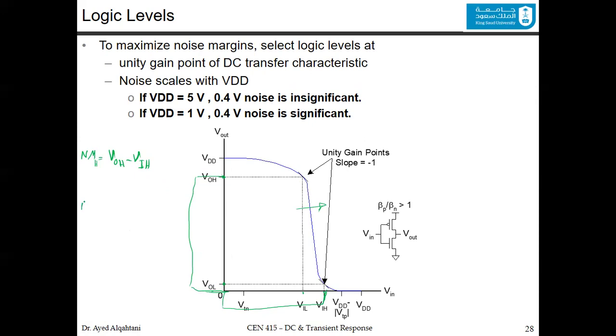Now, the noise margin in the low is the VOL minus the VIL, which is basically the VOL. Let me change the color to show it clearly. This is the VOL. This range here is very short. And the VIL is actually this region over here.